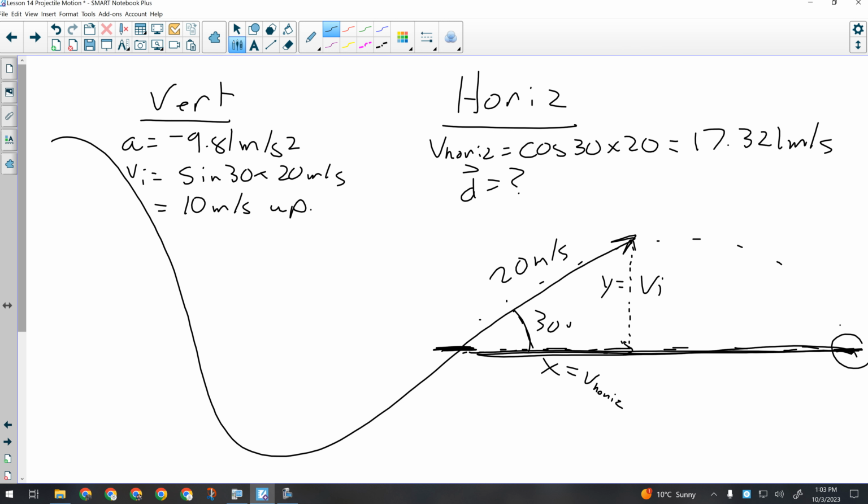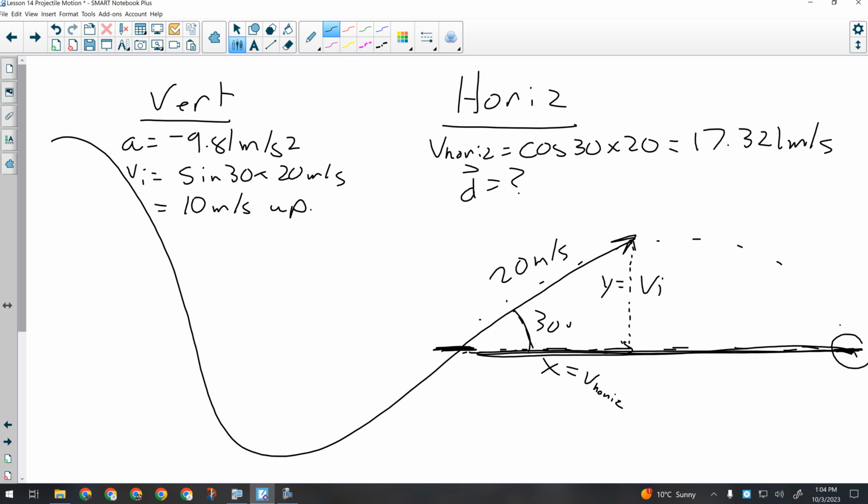Think about it. This thing leaves my hand, it's moving at 5 meters per second. As soon as it leaves my hand, gravity is slowing it down, slowing it down, slowing it down. Eventually it gets to its maximum height where its speed is 0. Then it falls exactly the same distance at exactly the same rate of acceleration back to my hand. Well, it has to return to my hand at the same speed it left at. Everything else is the same. There's no way it could be going faster or slower when it returns to the same height.